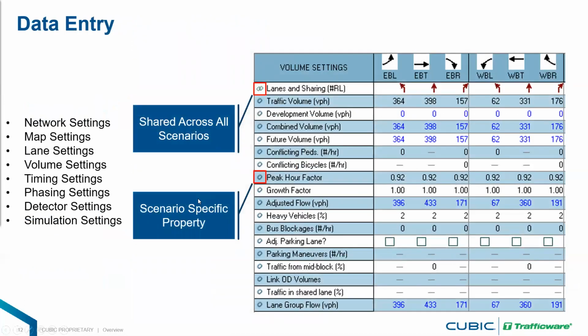Okay, now these are the data entry windows in Synchro. We have many data entry windows, from the network settings, map settings, lane volume, timing, detector, simulation. Now, as I mentioned, the geometry is shared across all the scenarios, right? Anything related to geometry.